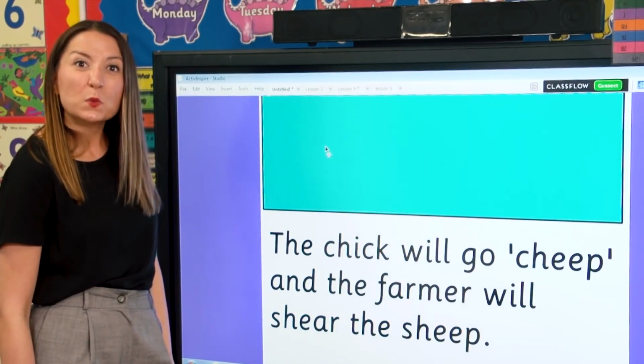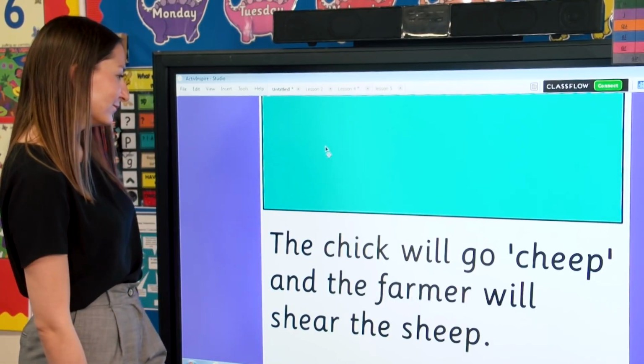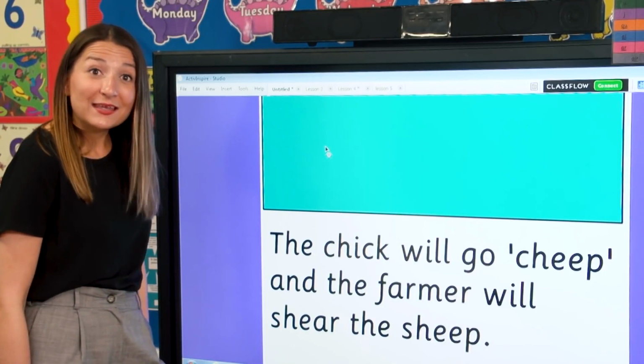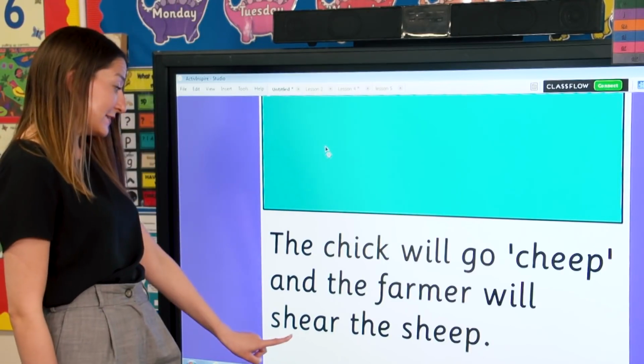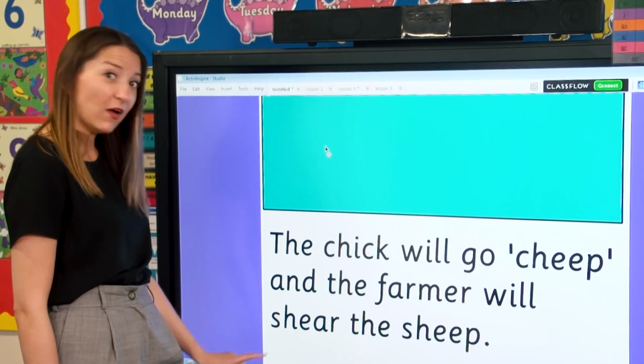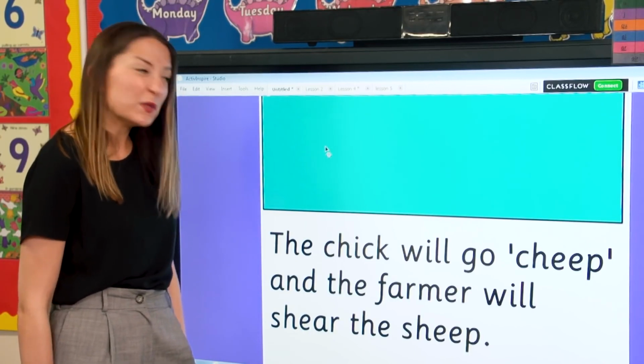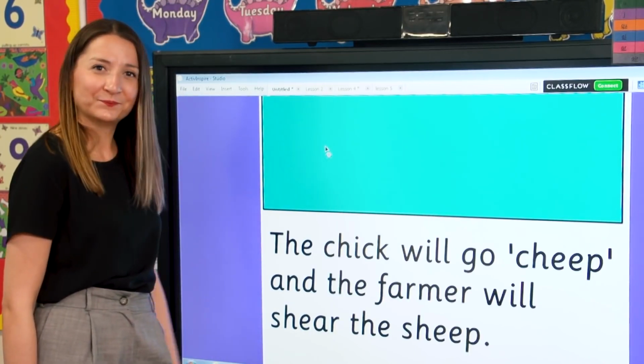Can you see a word with a digraph and a trigraph? Yes, this word has a digraph and a trigraph. The digraph sh and the trigraph ear. Can you see any other words with two digraphs in?